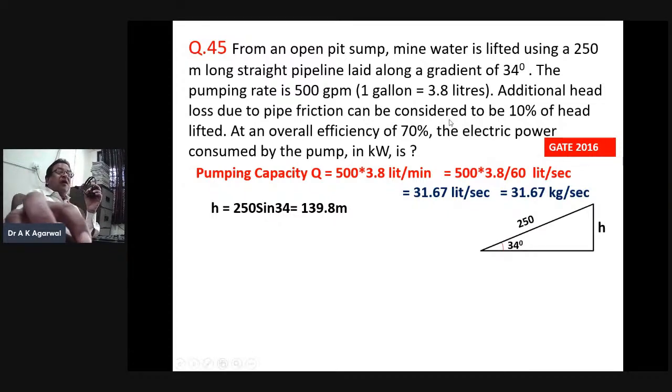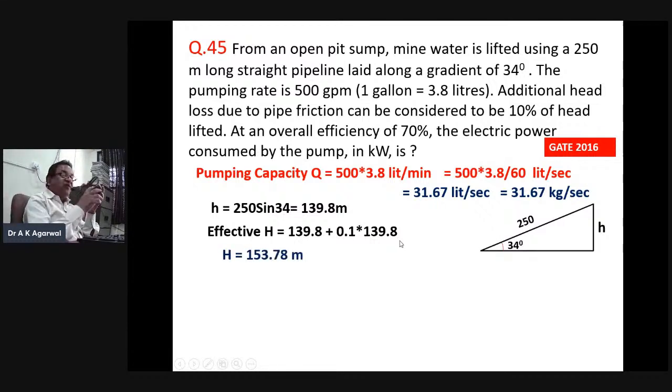Now, additional head loss due to pipe friction can be considered to be 10% of the head lifted. So head lifted is 139.8 meter. So effective head will be 139.8 plus 10% of this, which is the loss due to friction: plus 0.1 into 139.8, which is equal to 153.78 meter.